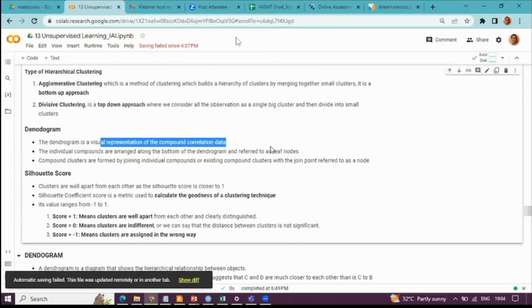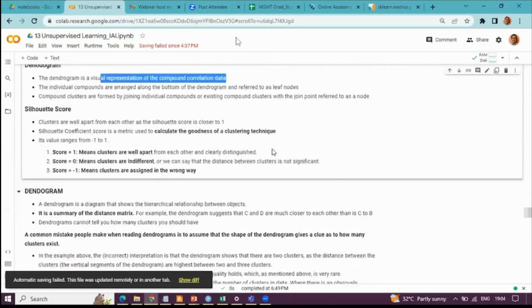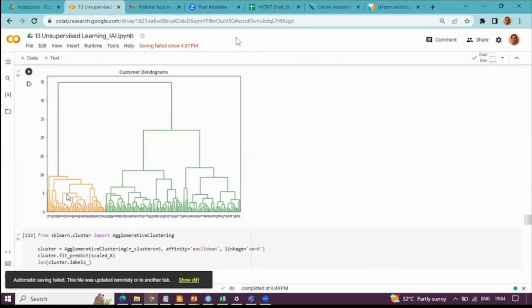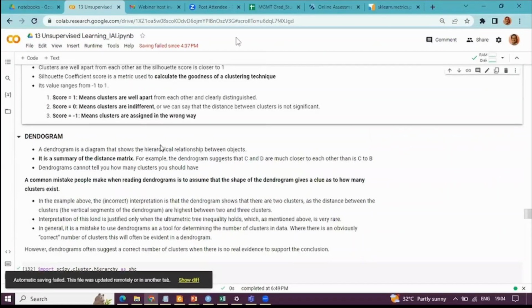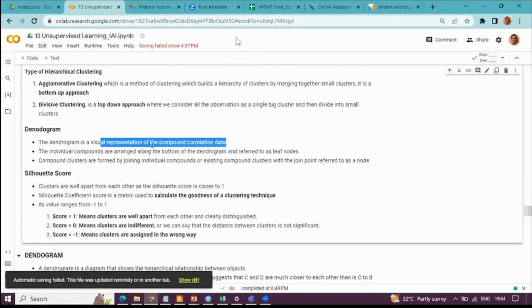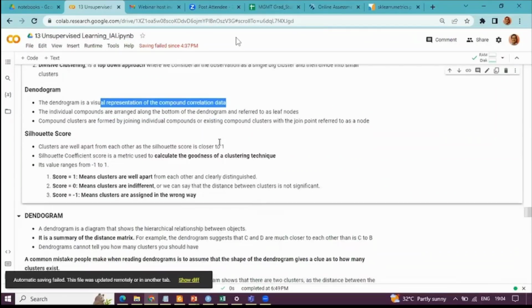Probably if you look at it, this is what we call a dendrogram. We'll discuss it. It's a representation of the compound correlation data. So the individual compounds, here compounds are nothing but clusters, are arranged along the bottom of the dendrogram.